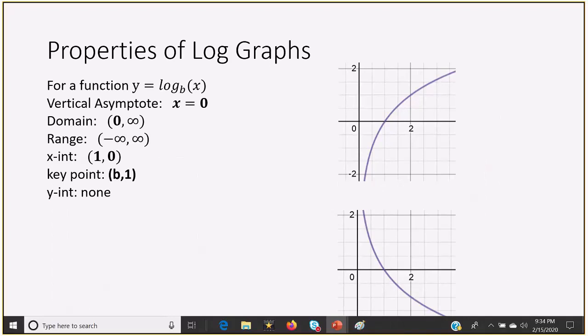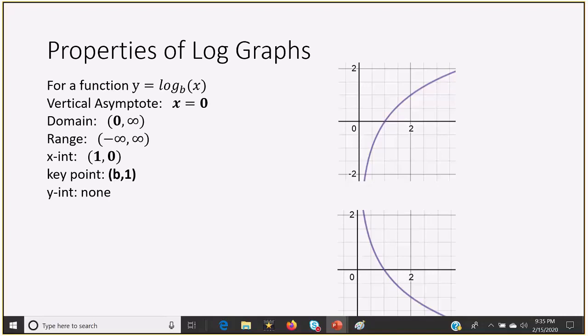So b could be 3000. Your x-intercept is still going to be (1, 0), and that comes from the fact that we ended the last lecture with log base anything of 1 will always get you a result of 0. And another property, discussed in the last lecture, is if those bases match up, your output will be 1. So the other key point with logarithms is always (whatever your base is, 1).